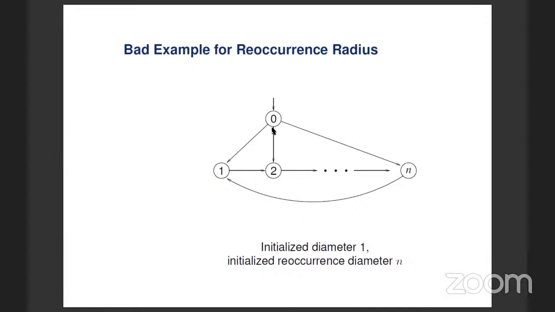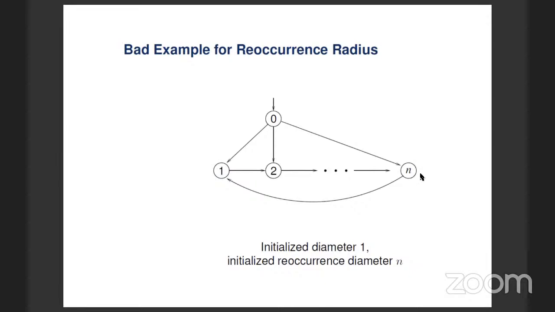See here, every state is reachable from the initial state in a single step. Therefore, the initialized diameter is 1. Whereas the reoccurrence diameter is n, because the longest path that you can go without reoccurrence is n.